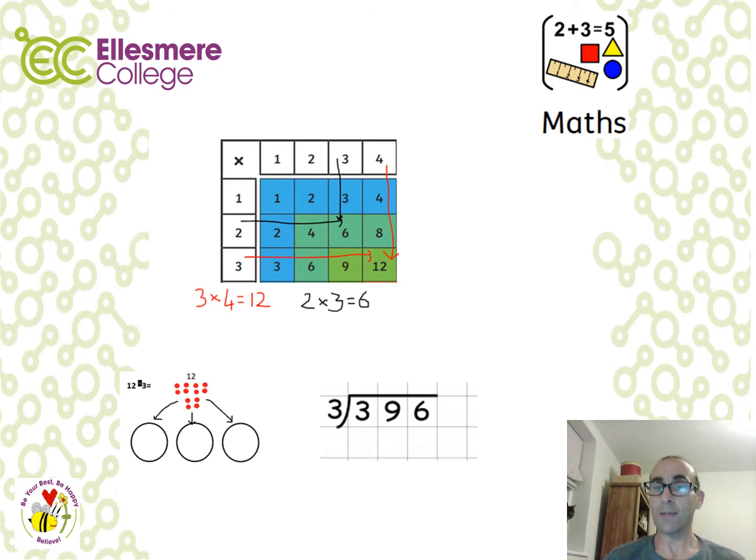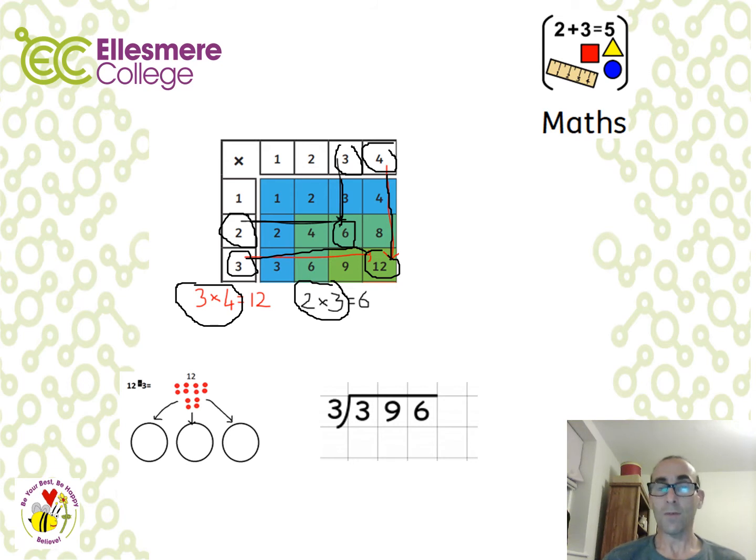Just some helpful tips to support yourself when you're working through these worksheets. So how to use a multiplication square. If in this first example we have 3 times 4, we will look at 3 and 4 and follow to where they meet. In this case, the answer is 12. In the second example, 2 times 3, we take 2 times 3 and where they meet gives us the answer of 6.